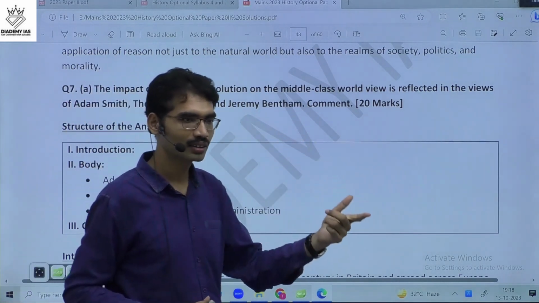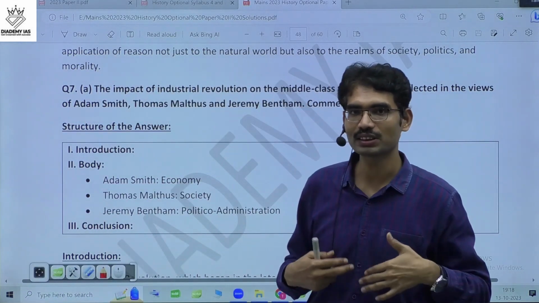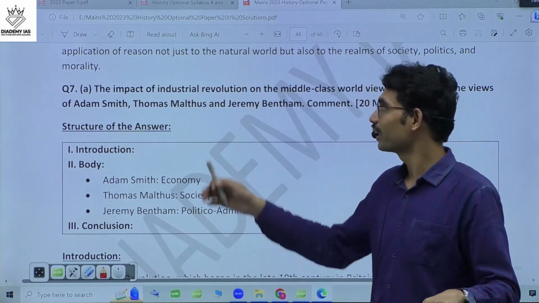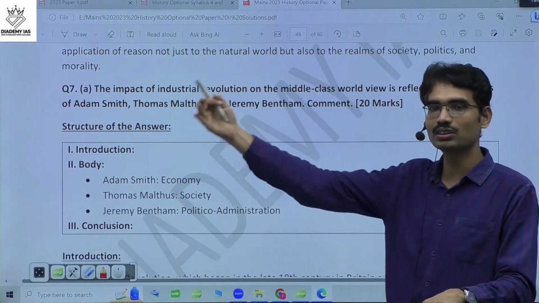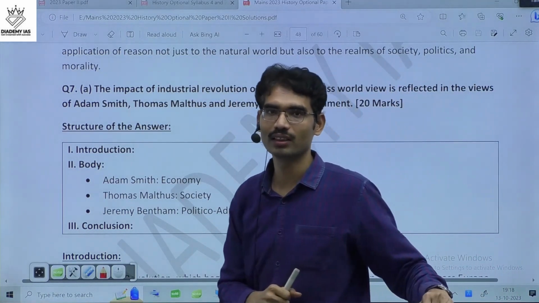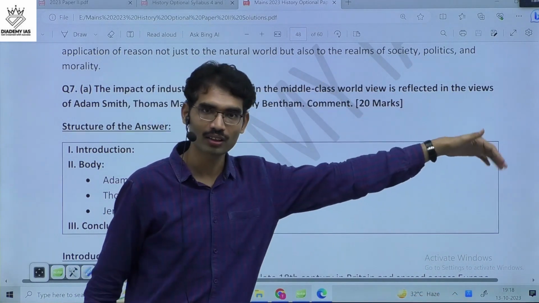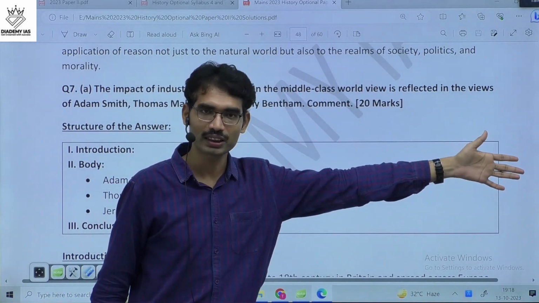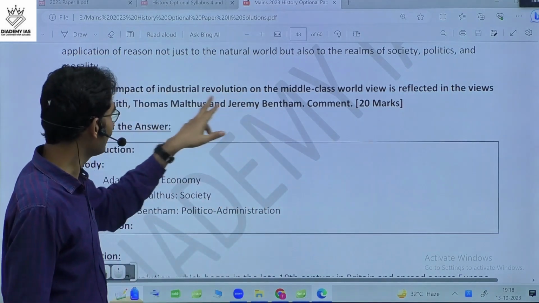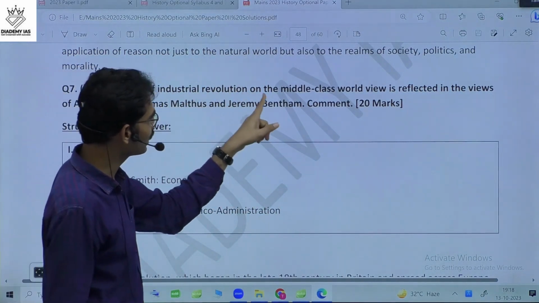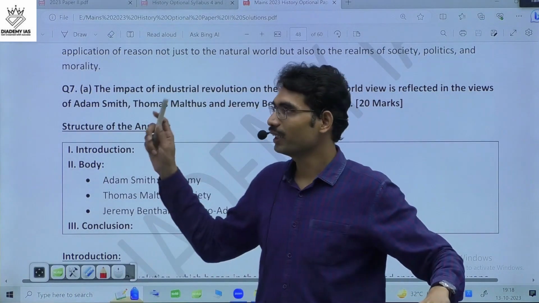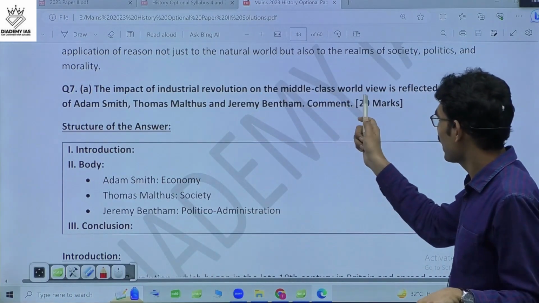So he says, in fact, it is not me who is ruling India, it is Jeremy Bentham, it is you who is ruling India. So that was the kind of impact Jeremy Bentham had on the administrators of those times.